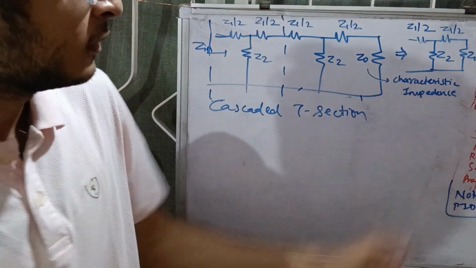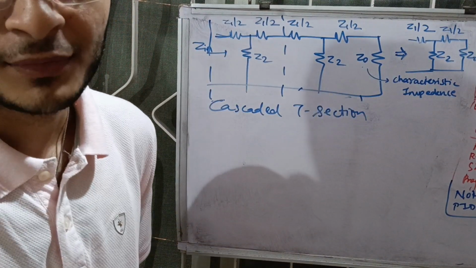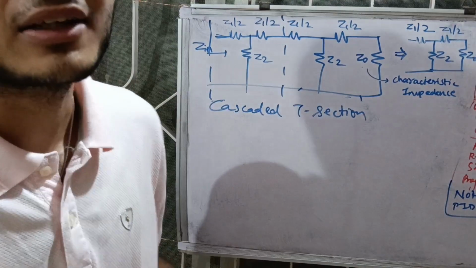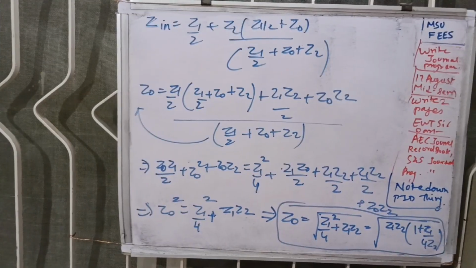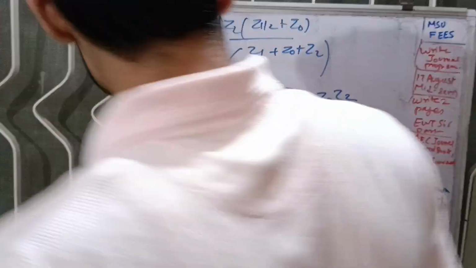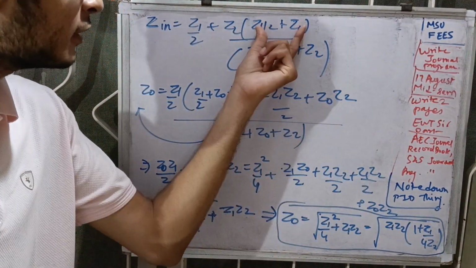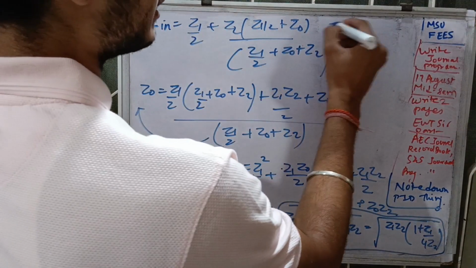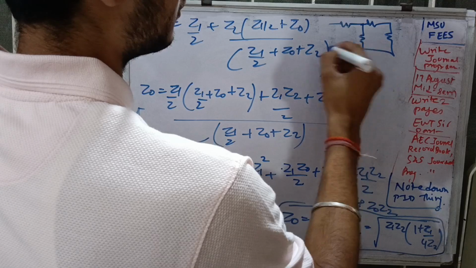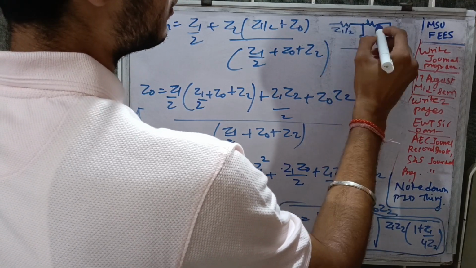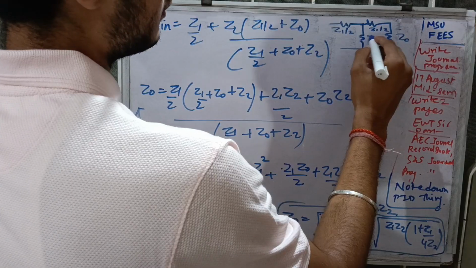Z0 is called the characteristic impedance, or output impedance or load impedance. Here you can see the output was such that this is Z1 by 2, Z1 by 2, Z output and Z2.